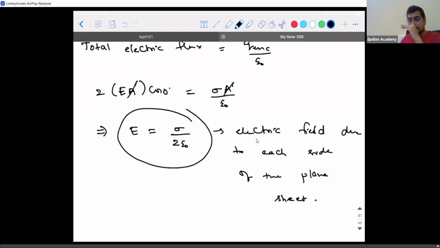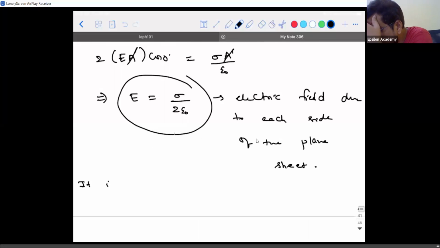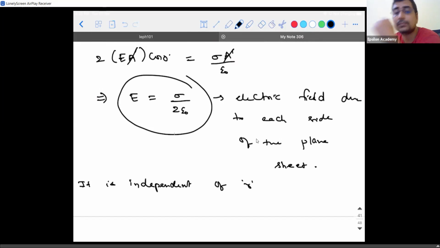Okay. If you observe this expression, what important conclusion are you able to draw? There is one important conclusion that we can draw. What is it? It is independent of R. Right?